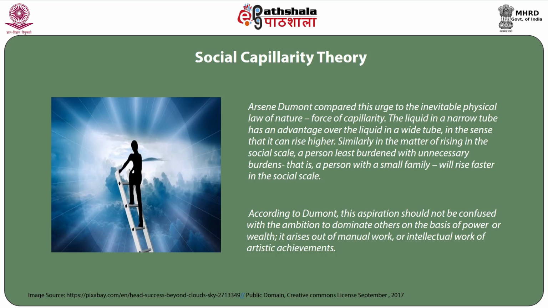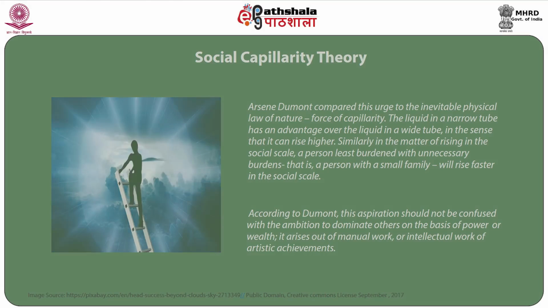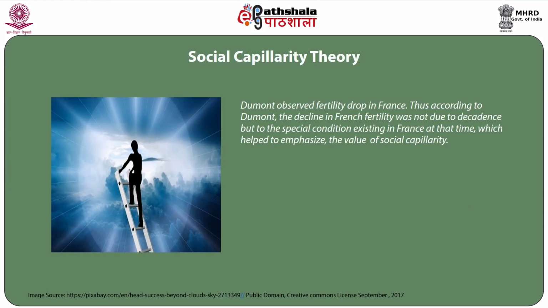He observed this in French society, during a period when many couples in France really wanted to rise in social status, and hence tried to limit their families. Observation of these couples in France made the French philosopher propound this theory.